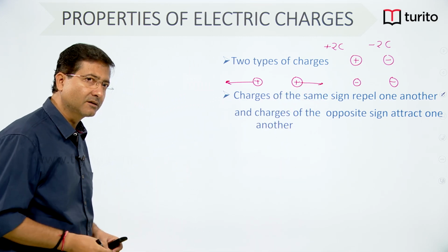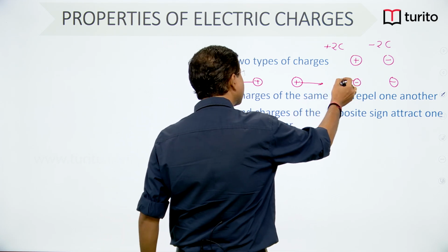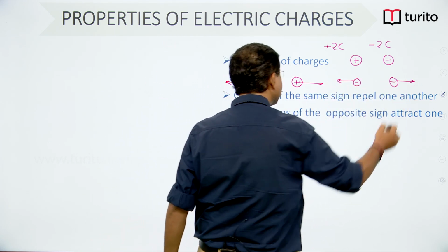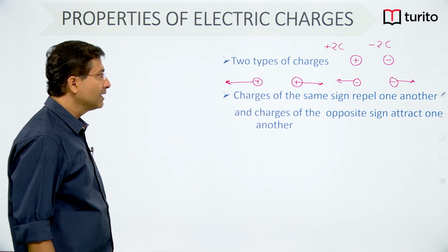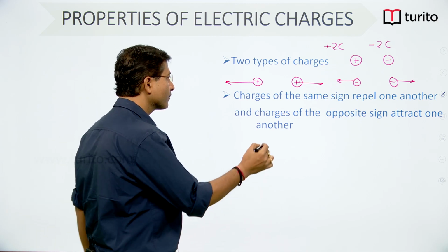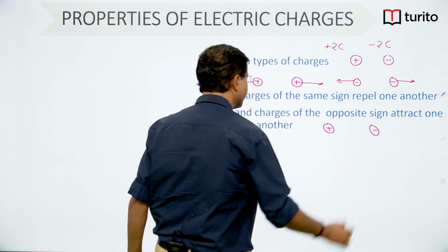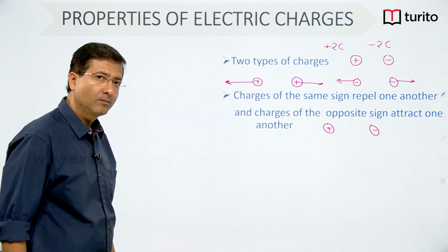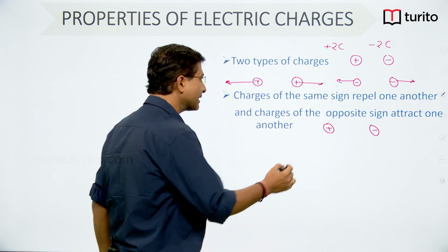Similarly, negative charges repel each other and when released they will try to fly apart. So like charges repel each other, while if I take one positive and another negative charge and release them, they get attracted.